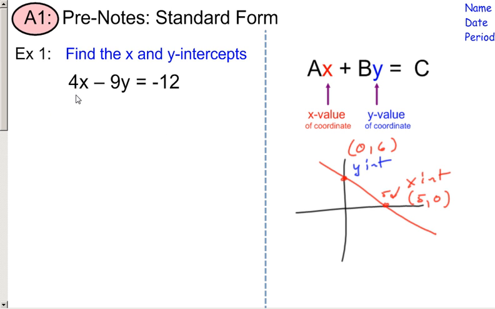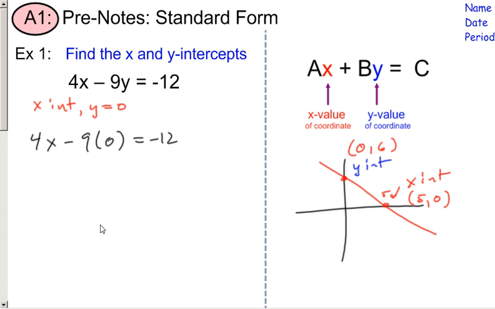an equation. So we've got 4 times x minus 9 times y equals negative 12. So if we want to find the x-intercept, that means we make y equals 0. So we say 4 times x minus 9 times 0 should equal negative 12.